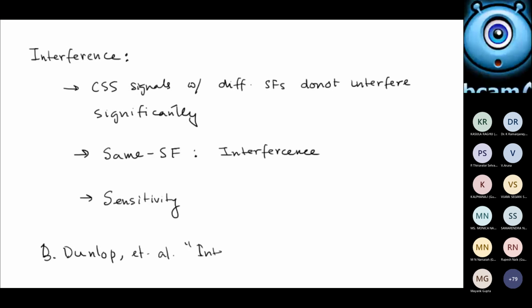Its name is Interference Analysis for LoRa CSS Signals. Although its name says interference analysis, it actually gives a very good overview of the modulation and demodulation techniques and then moves on to the interference part. So that makes it really interesting.